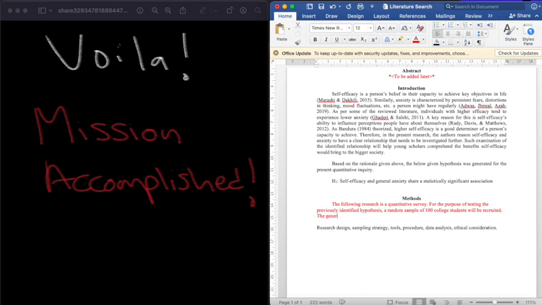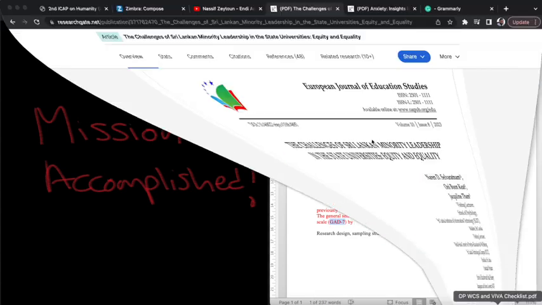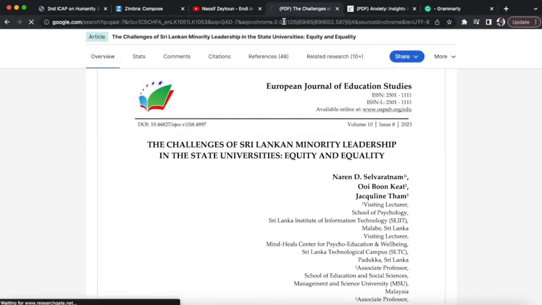The General Self-Efficacy Scale by Schwarzer and Jerusalem (1995), and the Generalized Anxiety Disorder scale, GAD-7, by, I don't remember who exactly has authored GAD-7, so let's just search that GAD-7 so we can finish that as well.